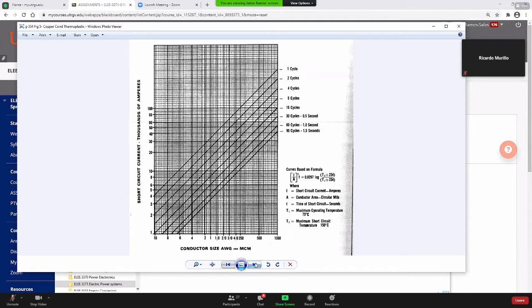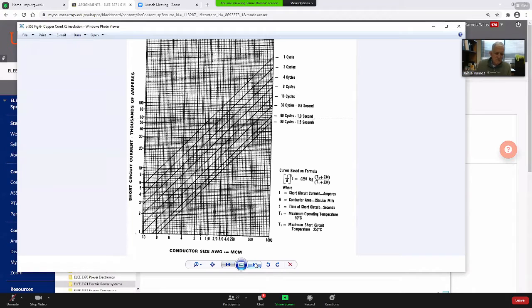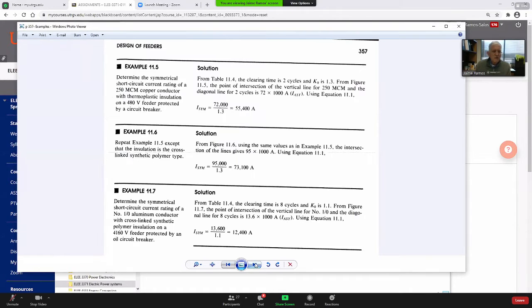This is the short circuit current that the conductor is able to withstand for a given number of cycles. This is for aluminum, I guess. There are two. Then we review these examples.